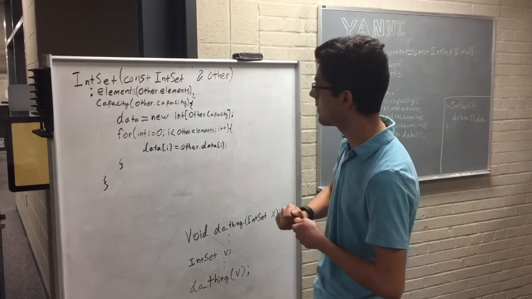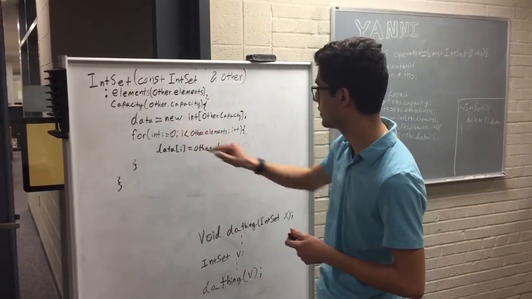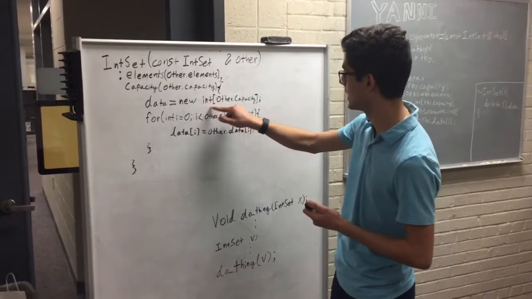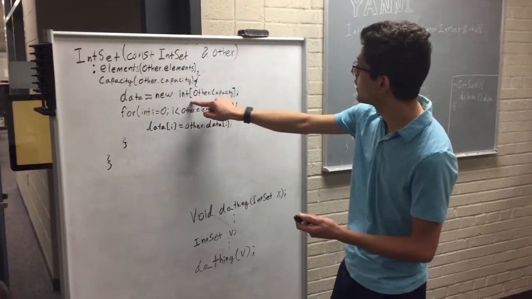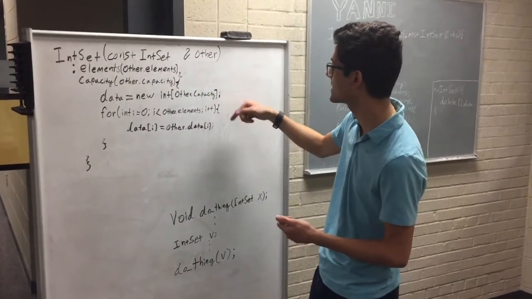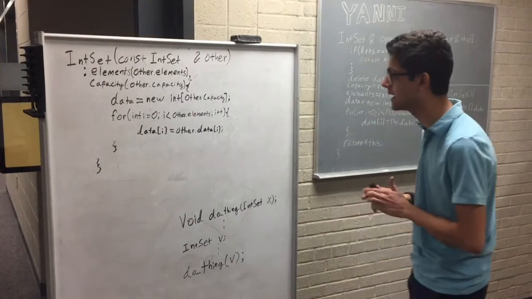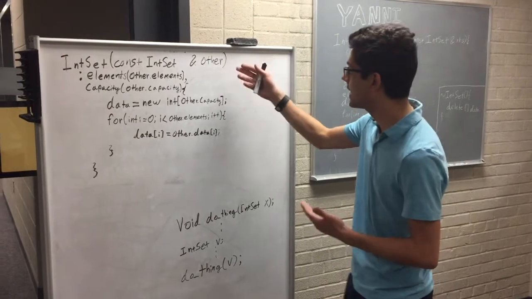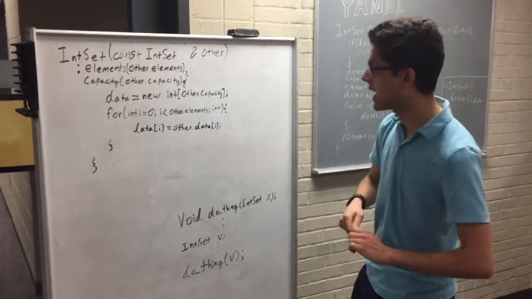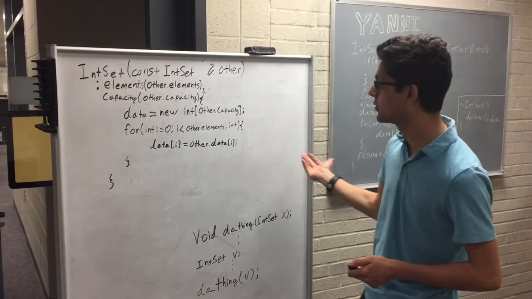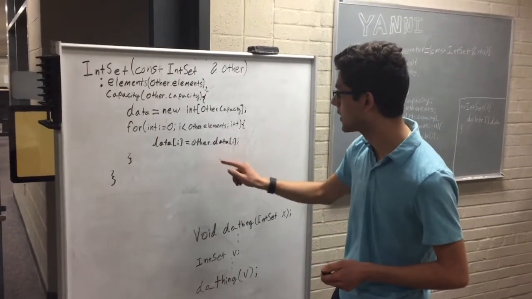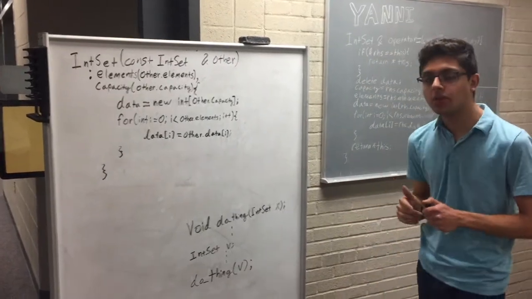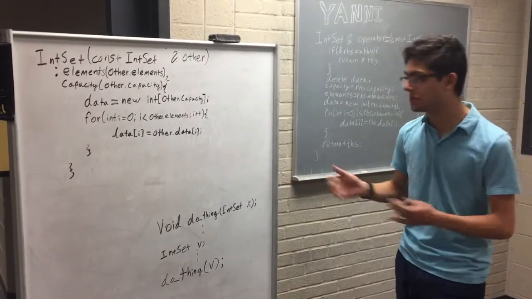And we are just using the new keyword in C++, setting it to be an integer array, and we're passing it the size, which is going to be the capacity of the other array we are passing in. The other thing we want to do, obviously, is copy the data from other to the new. And for that, I just have a very simple for loop, which is taking the data from other and assigning it into data.